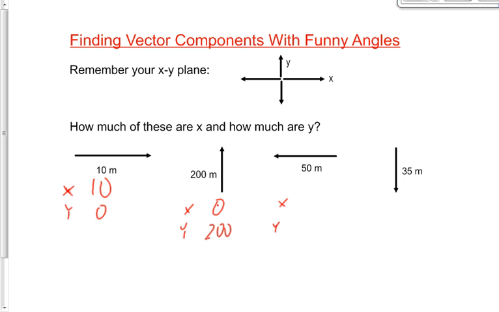Okay, how much of that is x component? Good. And how much of its y component? Good. And finally, this last one, how much of that is x component? 0. And how much of its y component? Good. Negative 35 or minus 35. We're good with that, right? Even though not everyone's raising their hand and volunteering here, I think everybody's good with that. I hope. Please let me know if you're not.